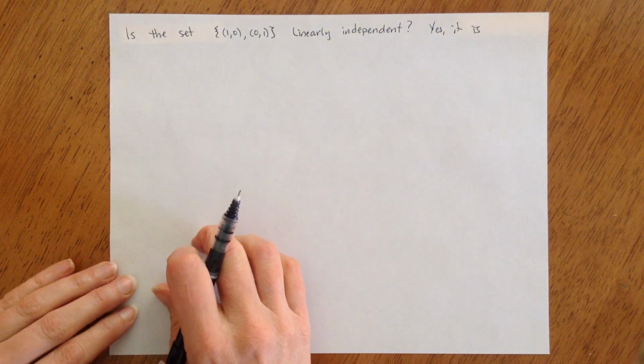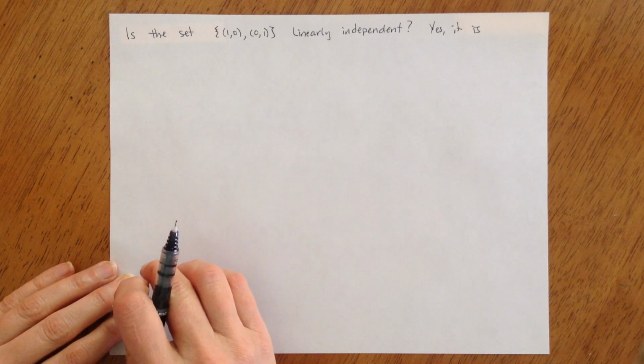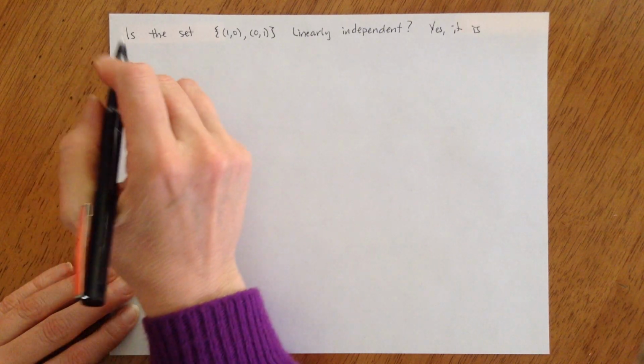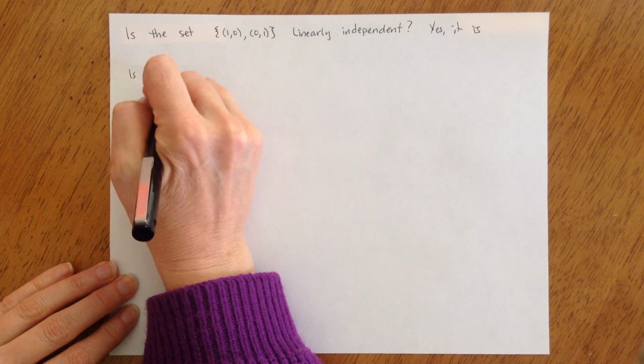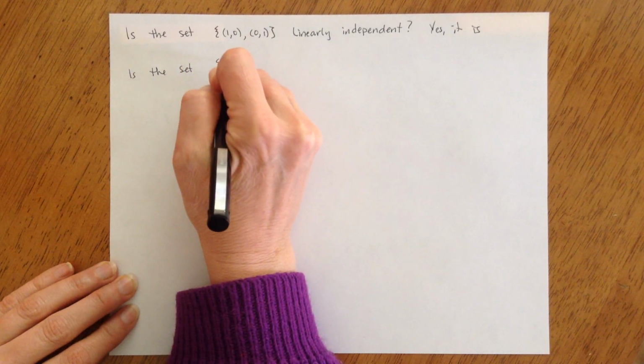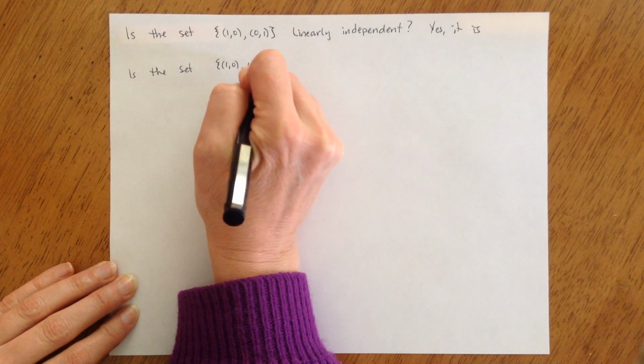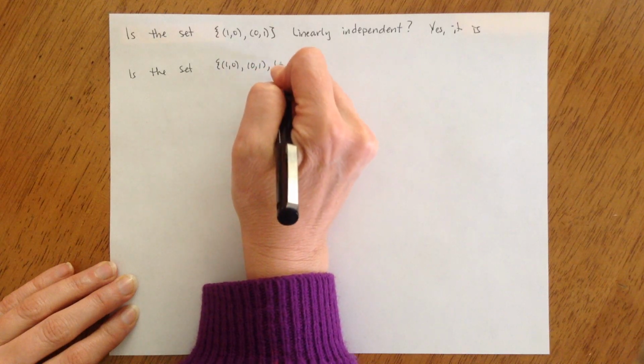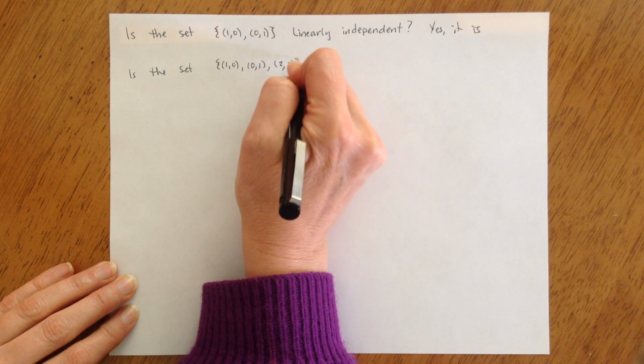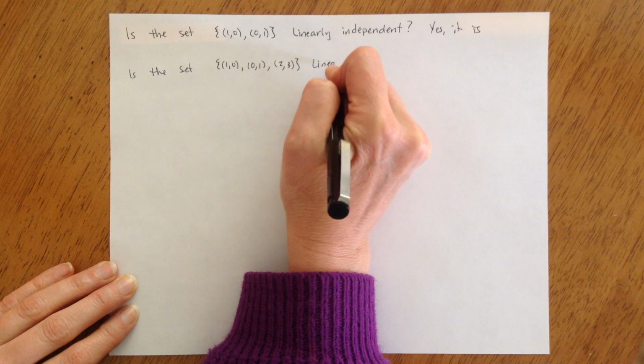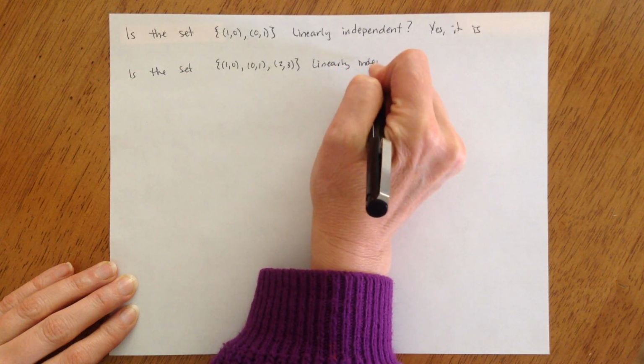And instead of defining linear independence, I'm going to give you another example. Is the set (1, 0), (0, 1), and (2, 3) linearly independent?